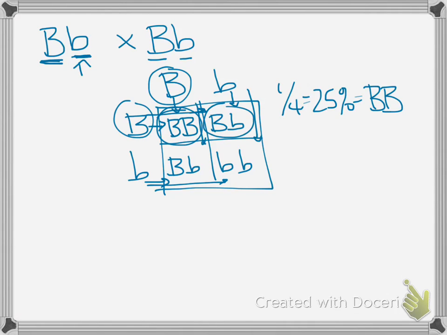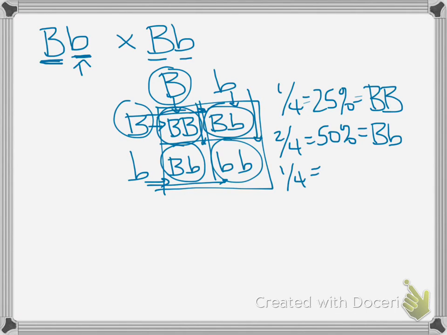Then we'll have these two, 2 out of 4, or 50%, will have one big B and one little b, one gene for brown eyes and one gene for blue eyes. And then finally, we have a 1 in 4 chance, 25% chance, of having a child with blue eyes.